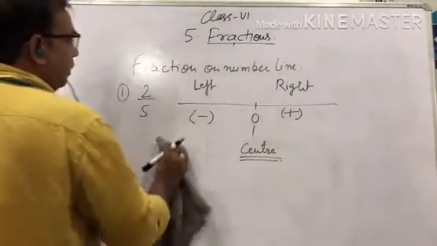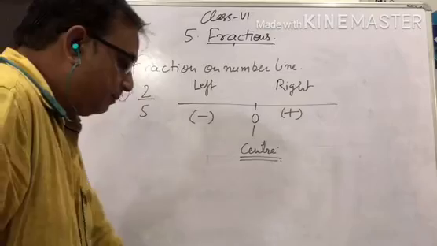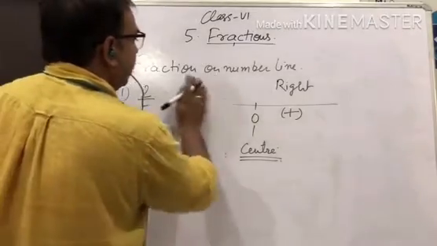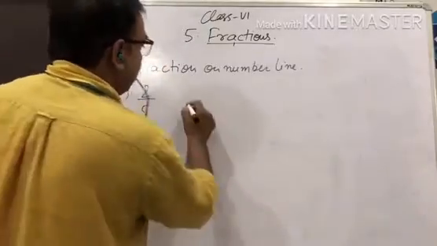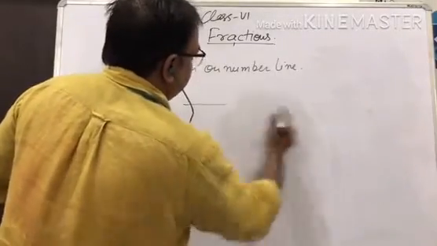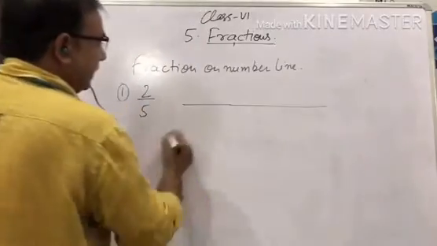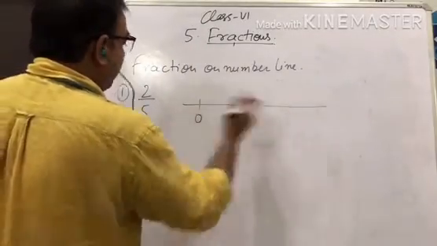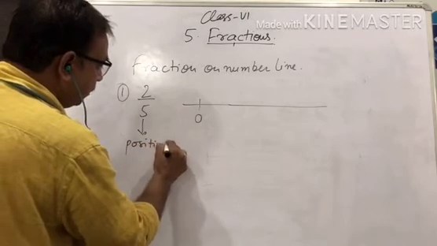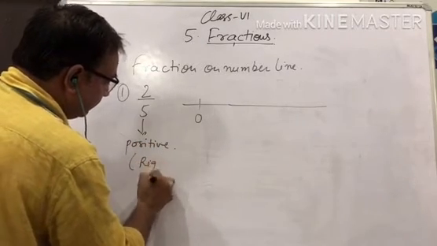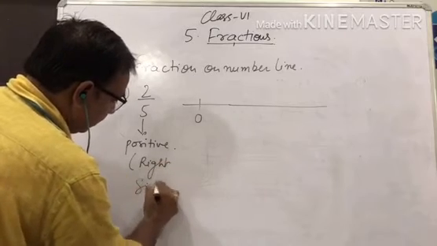So if we represent 2 upon 5 on a number line, we draw a line. Suppose this is a line and this is 0. So this is positive. So we have to represent it on the right side of the number line.